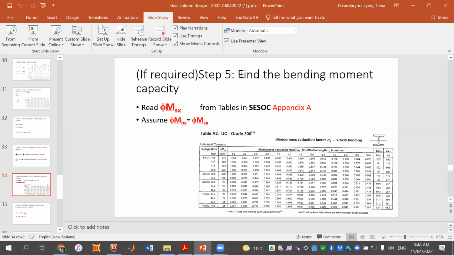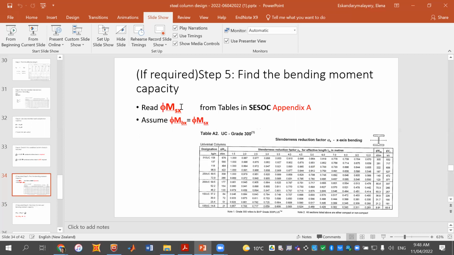Now we need to find the bending moment capacity of the member. So for this, we have Appendix A of the CSA document, and you can find the number, for example, for 200 UC 59.5, the phi Ms x is 177.